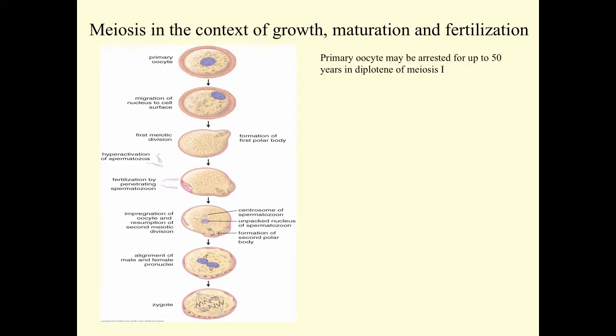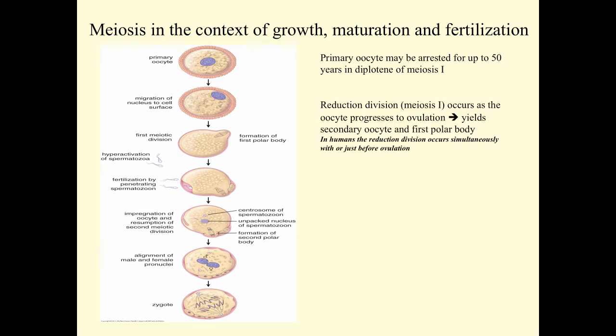This slide looks at meiosis in the context of growth, maturation, and fertilization. And remember that primary oocytes may be arrested for up to 50 years in the diplotene stage of meiosis I. The reduction division, meiosis I, actually is occurring as the oocyte progresses to ovulation, and it's going to yield the secondary oocyte and the first polar body.